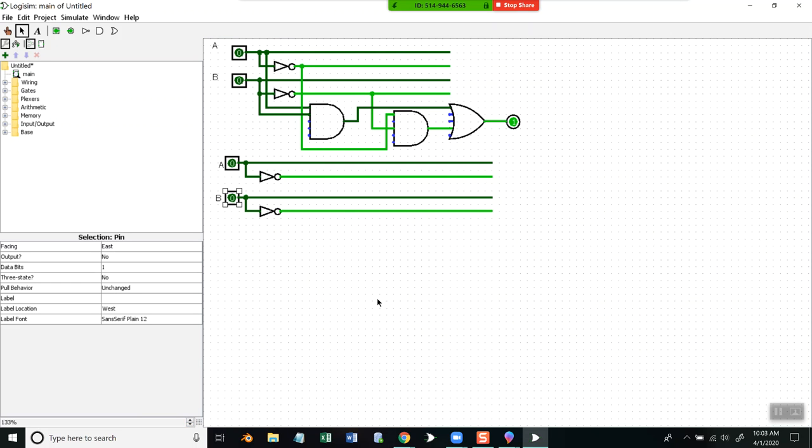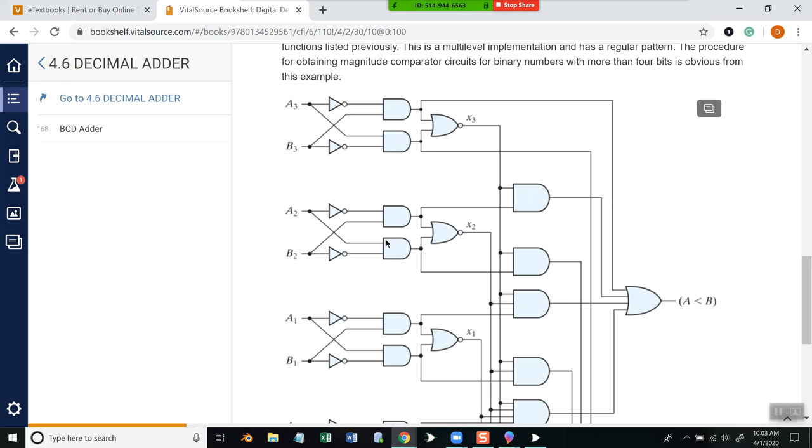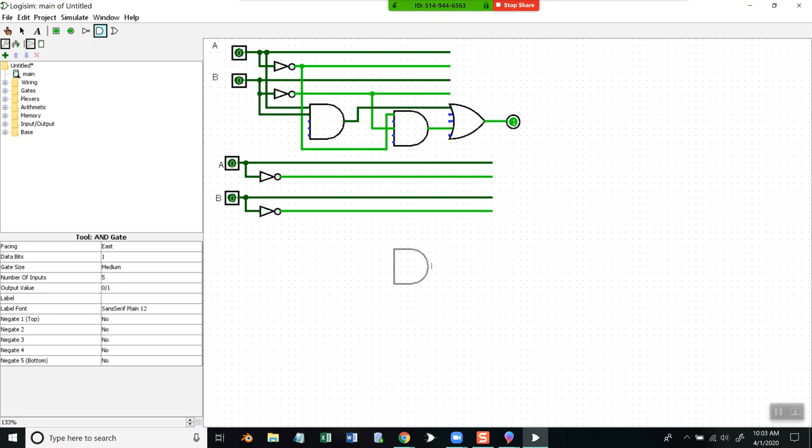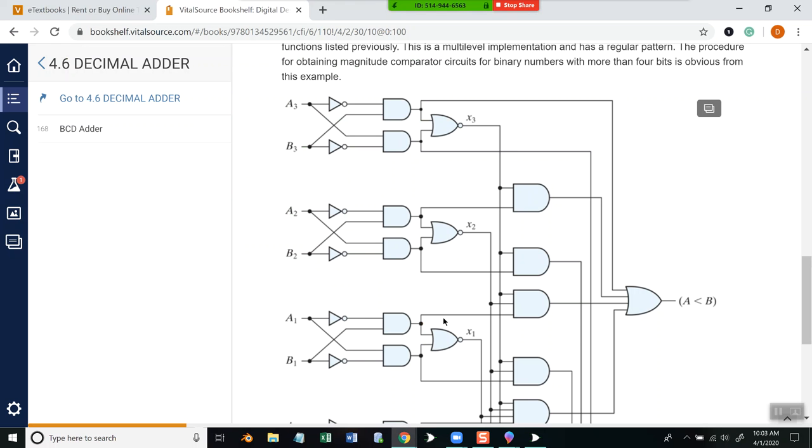This has two ANDs, and they're going into this.